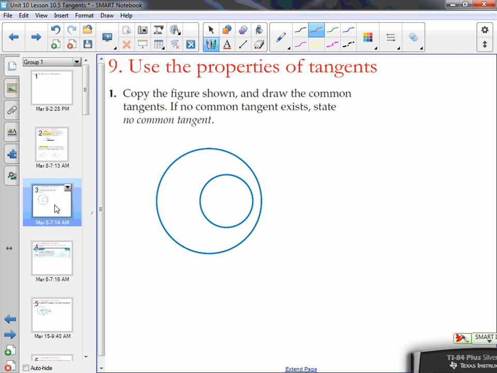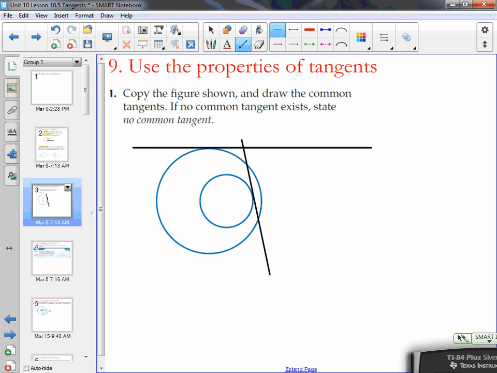All right, let's see. Let's do number one from your assignment. This is from page 721. Copy the figure shown. Y'all don't need to copy this. And draw the common tangents. If no common tangent exists, state no common tangent. So let's see. If I draw a line tangent to the little circle, oh, it hits the big circle twice.